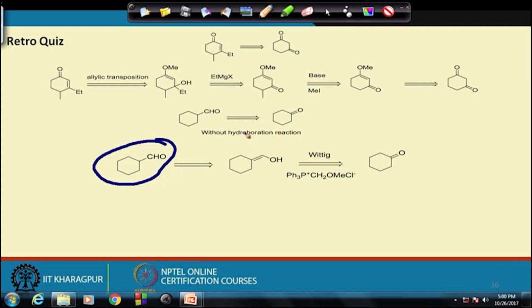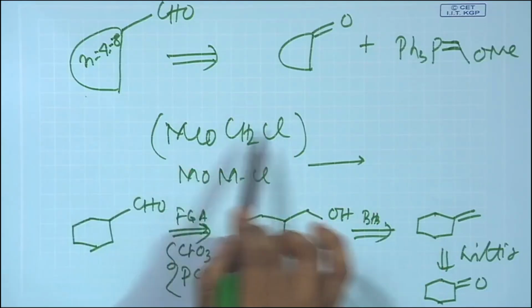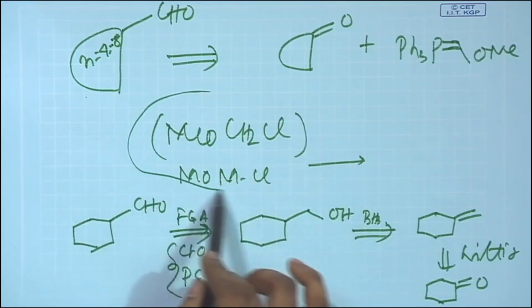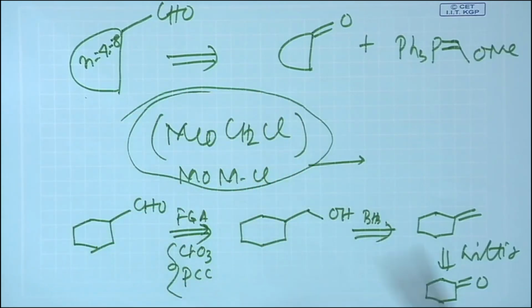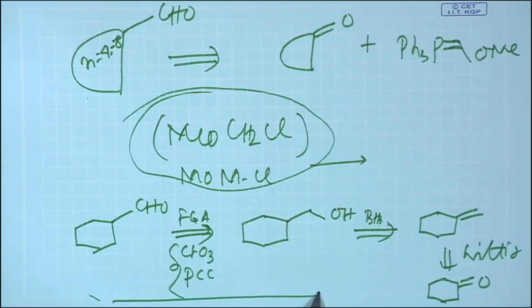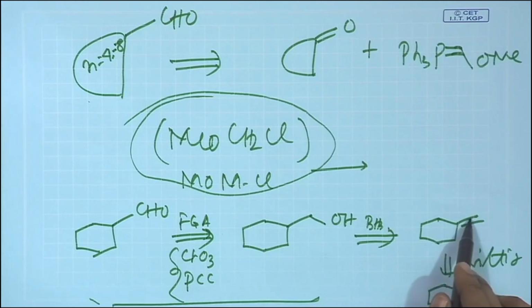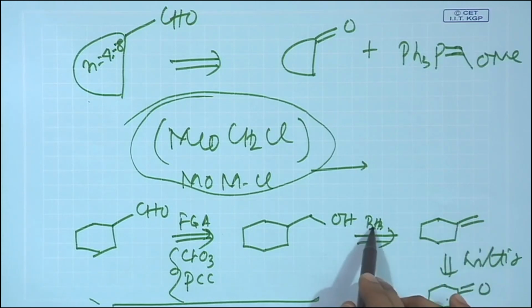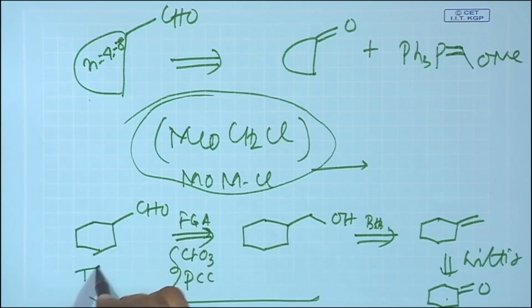So, if the hydroboration reaction has to be avoided, then you can use the MOM chloride Wittig, which we just discussed. If the problem says hydroboration can be used, then definitely you can think about the other route we just discussed: start with cyclohexanone, do a Wittig, get the corresponding exocyclic methylene compound, do the hydroboration, and then come back to the oxidation and get the target molecule.